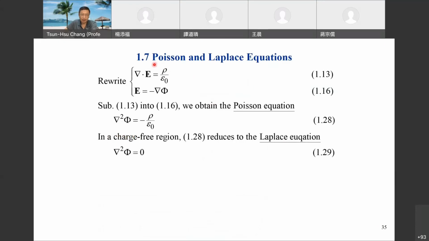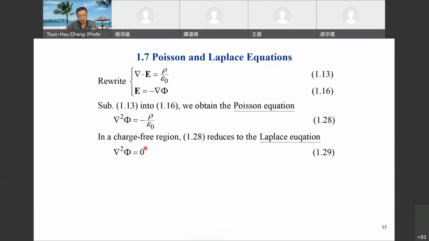Okay, and Poisson's equation, Laplace equation. That's for electrostatic. E equals minus gradient phi, and substitute this one into here. We got Poisson's equation. Okay, and charge free, we got Laplace equation.